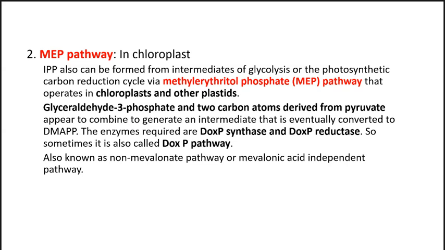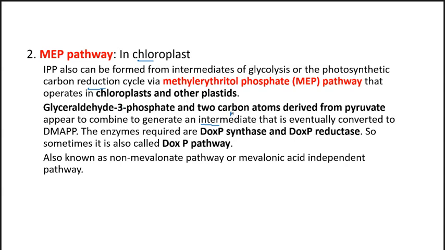Now in the MEP pathway, I already told you that this occurs in the chloroplast. Here there is a reduction step, which is DOXP reductase. It occurs in chloroplasts and plastids. So glyceraldehyde 3-phosphate and 2 carbons from pyruvate generate an intermediate.